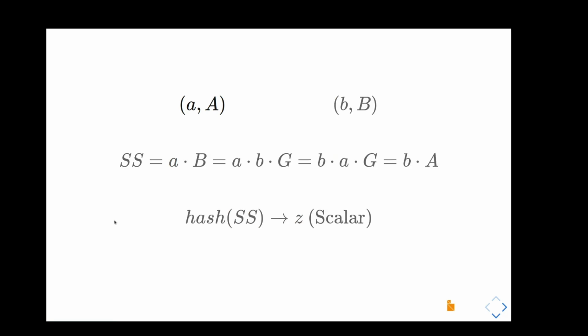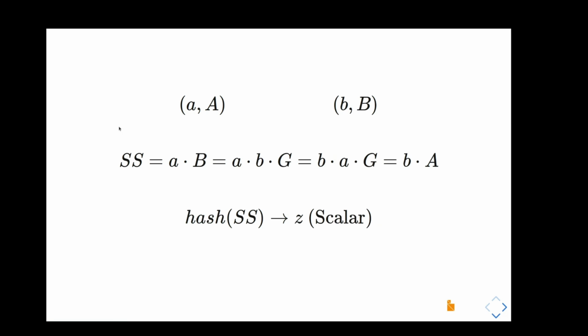So the name of the trick is elliptic curve Diffie-Hellman. Elliptic curve Diffie-Hellman is a key agreement protocol over an insecure channel. What does this mean? When you have two key pairs and you exchange public information with the other party, you can combine that public information with your private information to produce a shared secret.